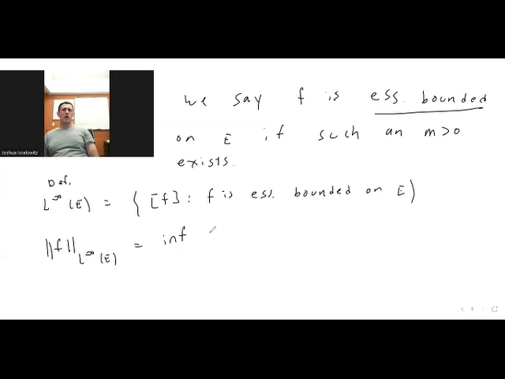If you think about it, this makes sense. We want the smallest essential upper bound. That's like the maximum of f from our perspective of not caring about sets of measure zero. So that makes sense. That is the infimum of all m, little m bigger than zero.